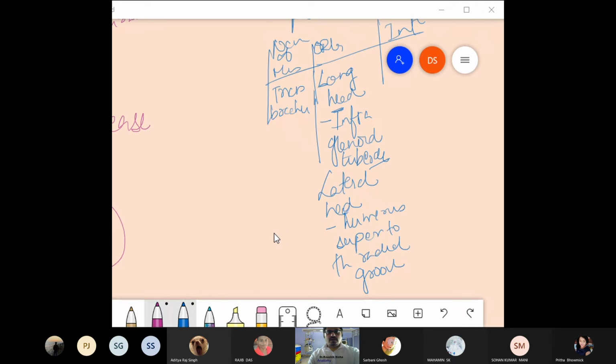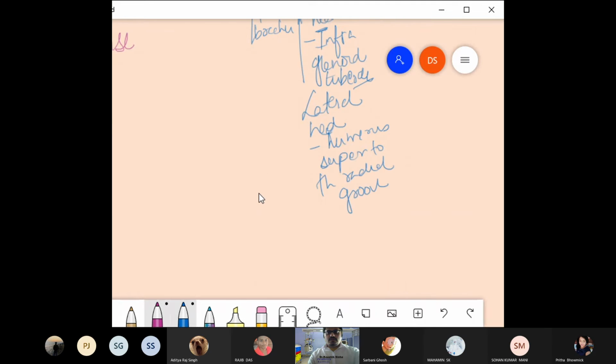And where is the medial head? So the medial head, similarly from the humerus, but this time this is inferior to the radial groove.